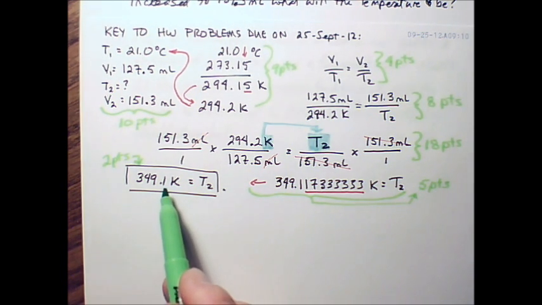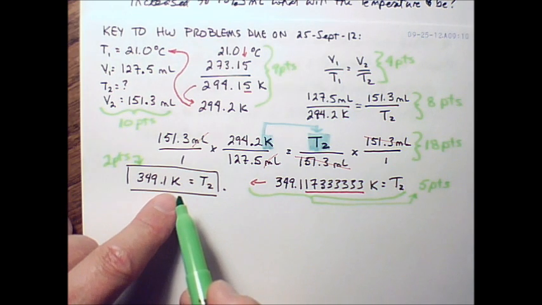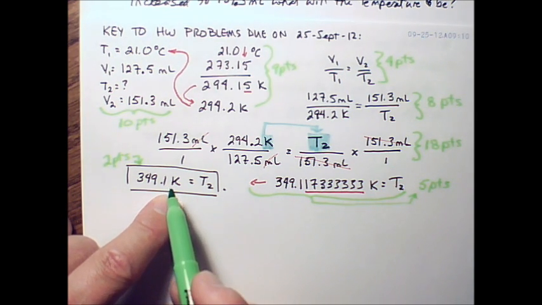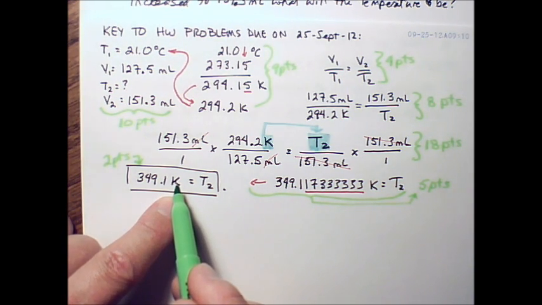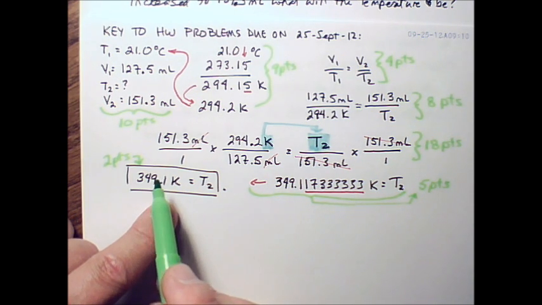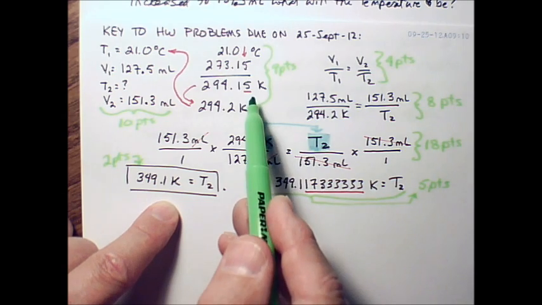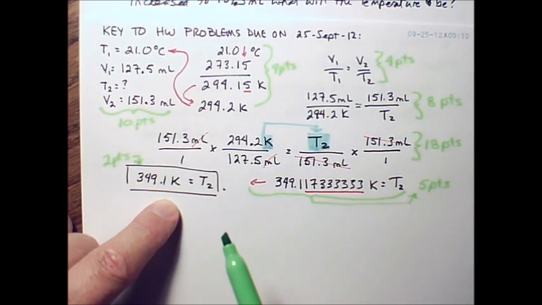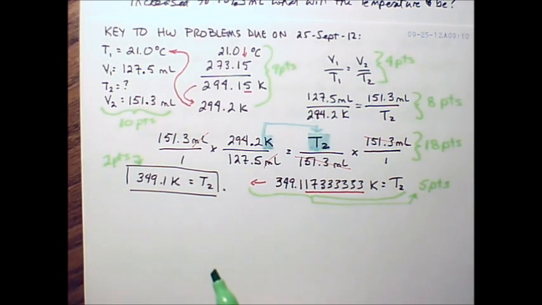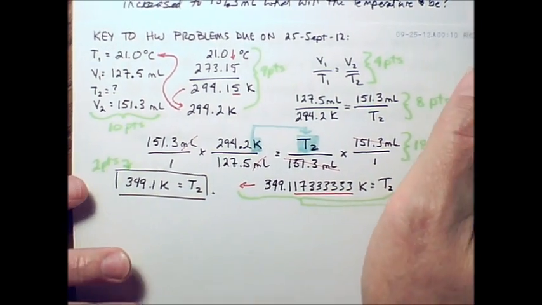So what was their final answer? 349.067. So they didn't round this properly. So they lose 1 point. Did they have Kelvin on there? So they get 1 out of 2 points for that answer. Okay? And for this, you'll count off 3 points there. So what you described to me is a total of 4 points off. There are a total of 56 points on this problem.